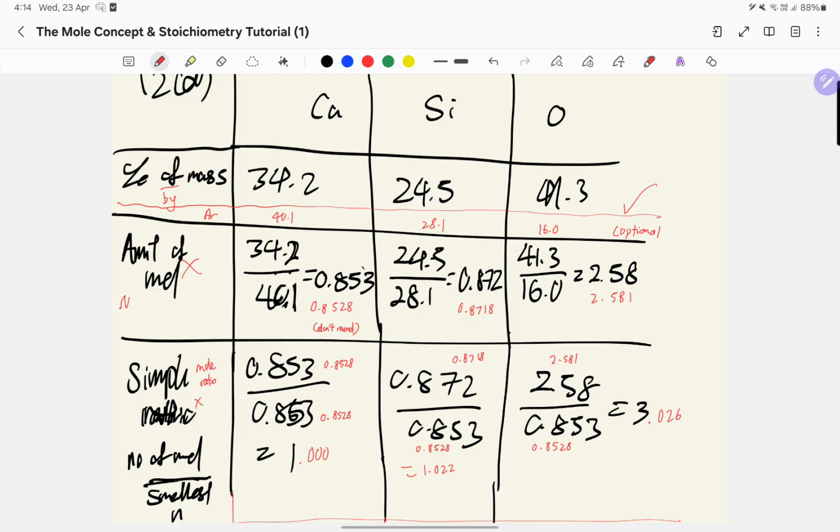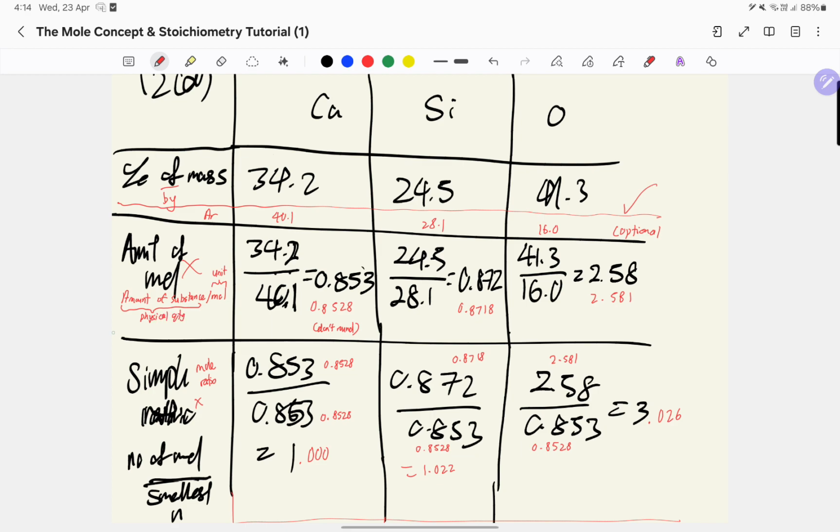You either write it as amount of substance, slash mole, because this is the unit of measurement, this is the physical quantity. So you always have to present it in this way.